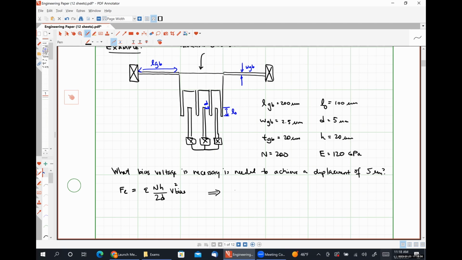So I would argue that our bias voltage is going to be the square root of 2D times whatever our electrostatic force is, divided by epsilon NH.